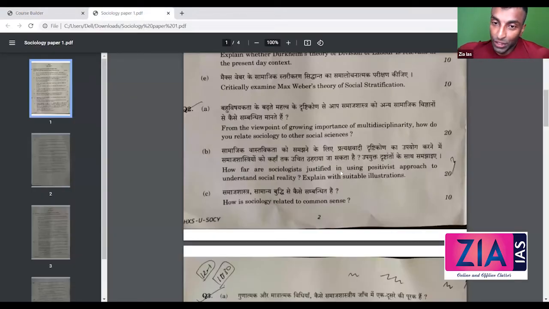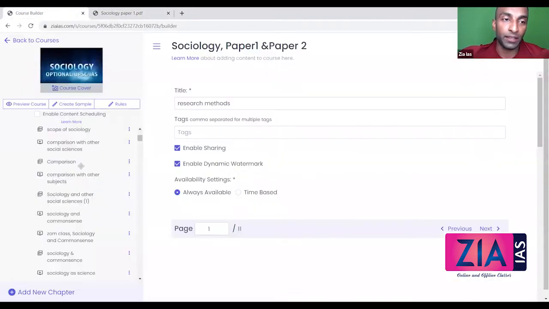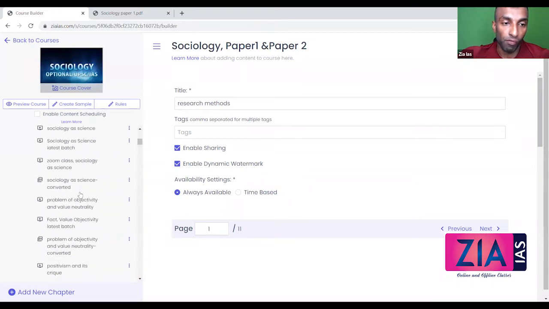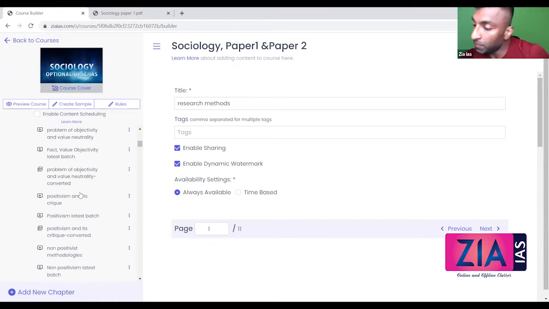How far are sociologists justified in using a positivist approach to understand reality? Directly here, we have discussed positivism and its critique. We discussed Auguste Comte, Saint-Simon, and Durkheim.